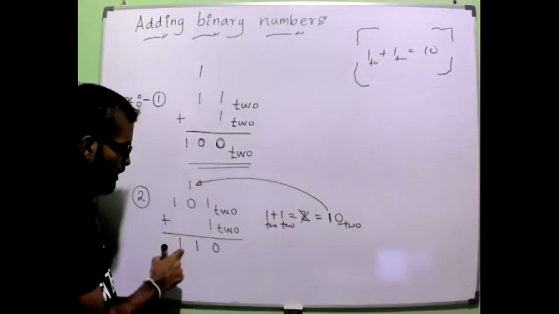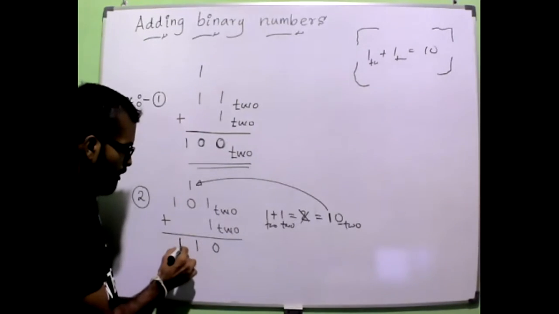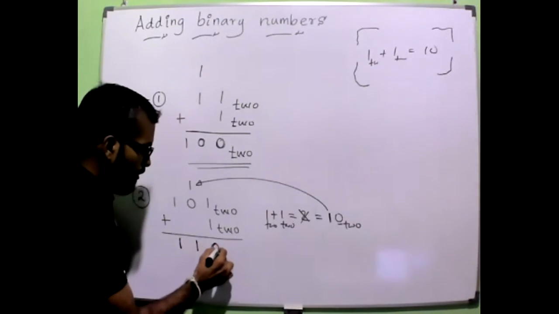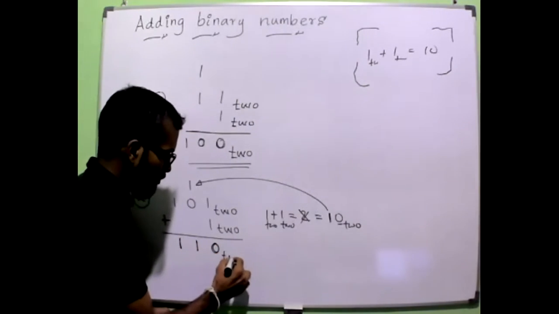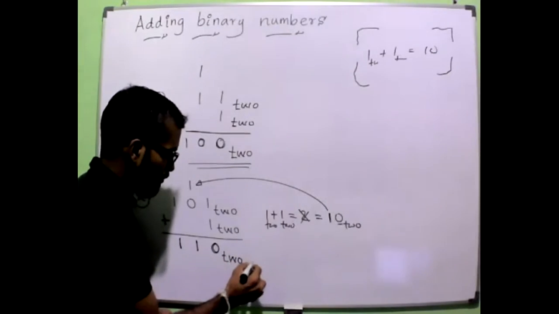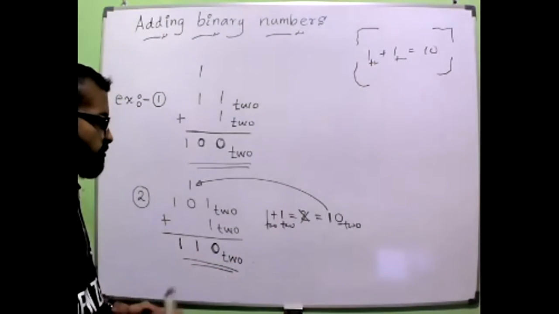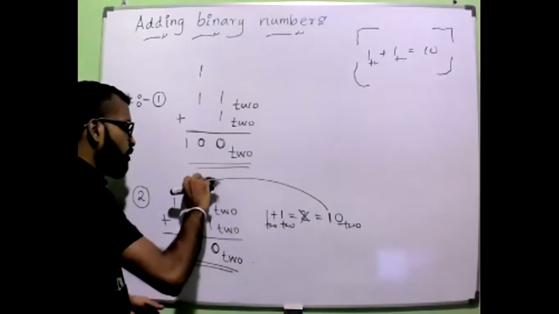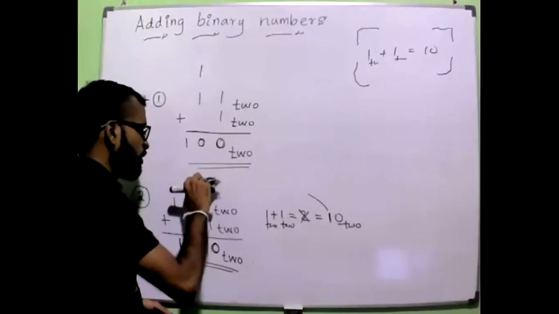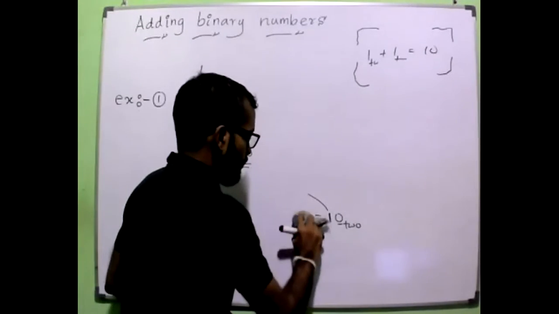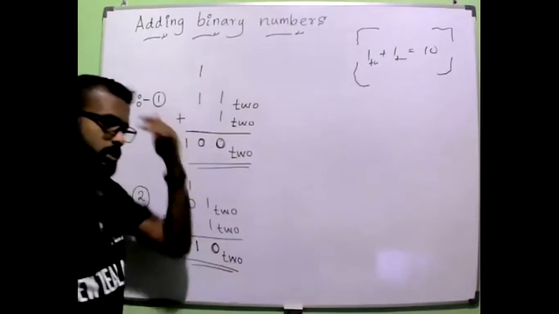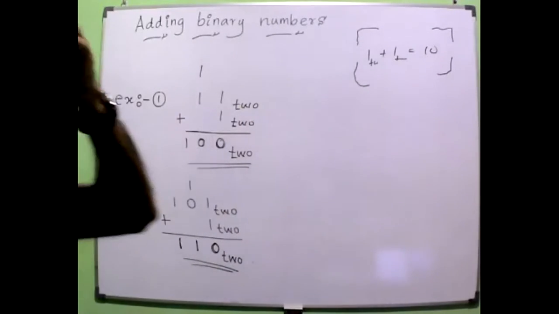So you can put 1 at the end. So the answer is 110 base 2. So this is the final answer. No need to write this thing. So you need to understand the logic.